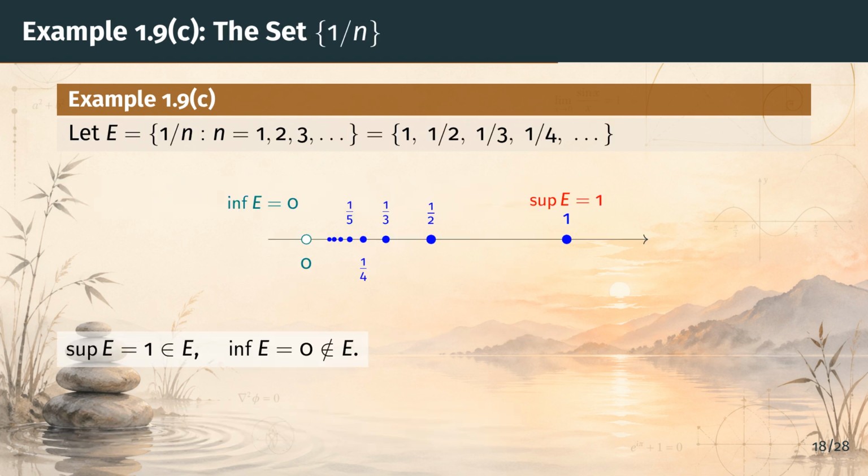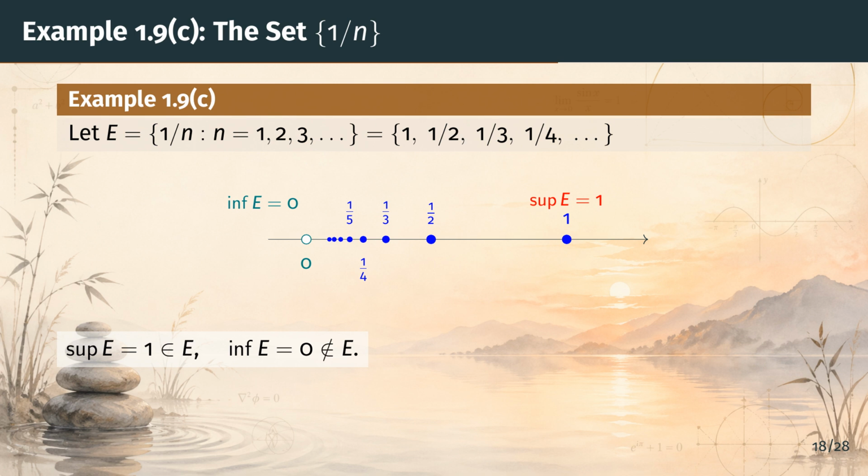Here's another instructive example. Let E be the set of all numbers 1 over n, where n ranges over the positive integers. So E is the set containing 1, 1/2, 1/3, 1/4, and so on. The supremum is 1, which is a member of E, since 1 equals 1 over 1.